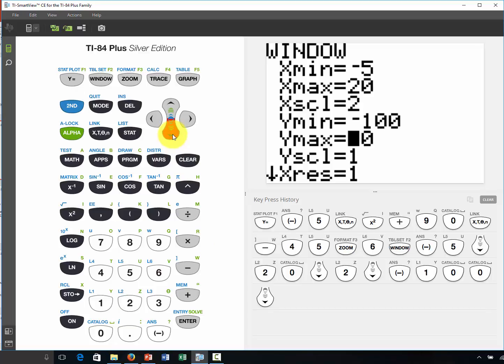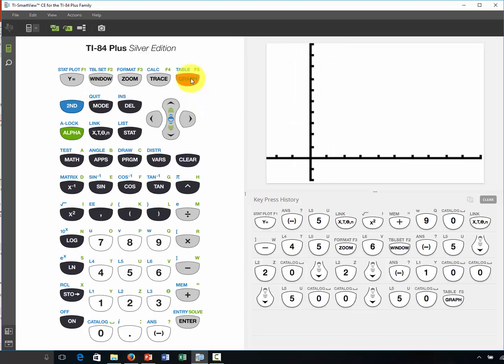The vertex happened at 360. I'm going to make my window a little bit larger than that. Let's say 500. This span is 600, so I'm going to count by 50s for the y. Now we hit graph.